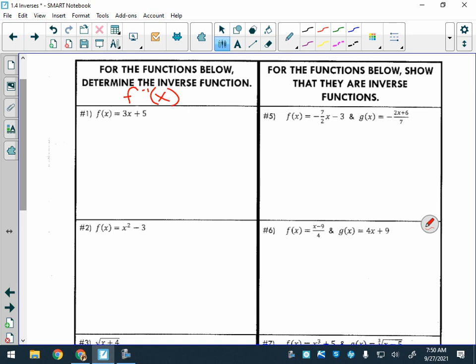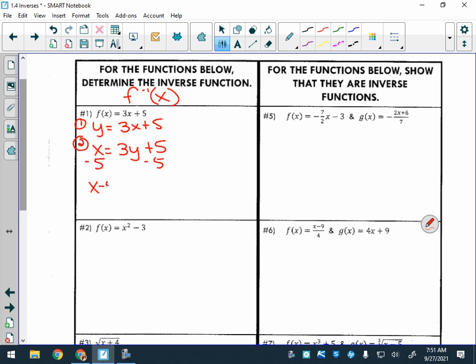So what is our first step in number 1? Good. So we have y equals 3x plus 5. Then we have x equals 3y plus 5. Now what? Yeah. Solve. What do we do first? Good.